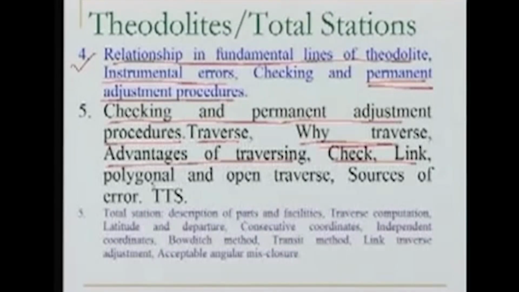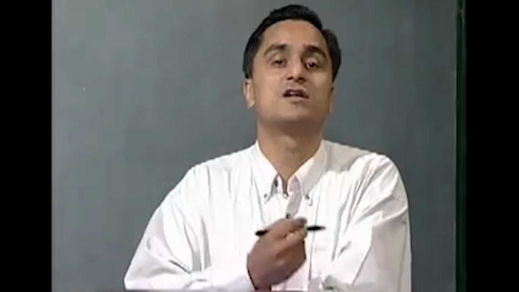Then we will see some types of traverse, which are polygonal or open traverse. Then finally, what are the sources of error in a traverse? And finally, we will look into one very interesting thing which is called TTS, the three tripod system. What this system is, and how we can eliminate some errors with this.